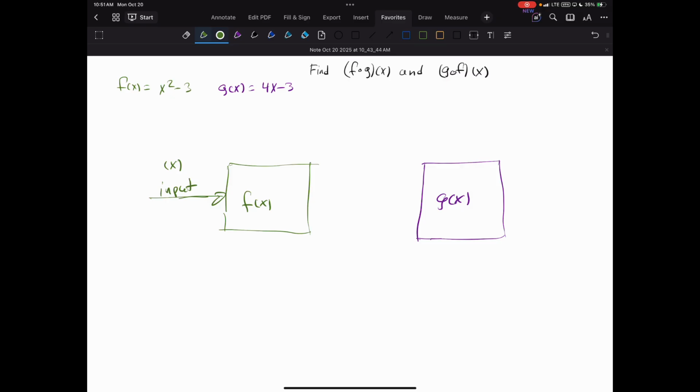Between the output of my f of x and the input of my g of x, this is the output of my f of x, but it's also the input to my g of x. And then my g of x has a joint output that is the composition of these two functions.